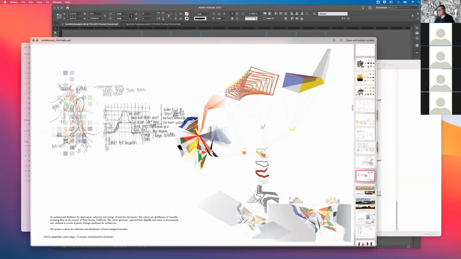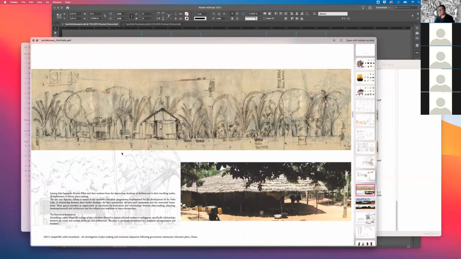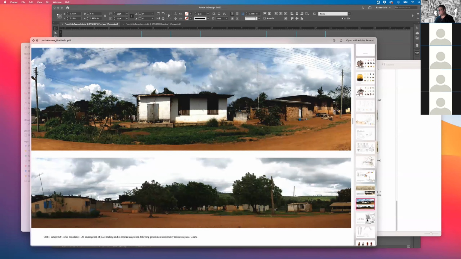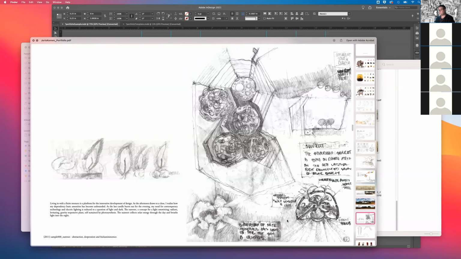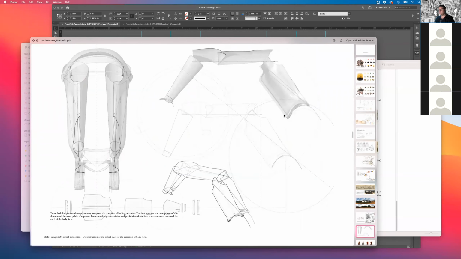Full page of something, I don't know what that is, some sort of process. Right, process sketch on trace paper. Some photographs. Sketches in their sketchbook. Right, some drawings made in Rhino or Revit or Studio Max and then brought into Illustrator, right?